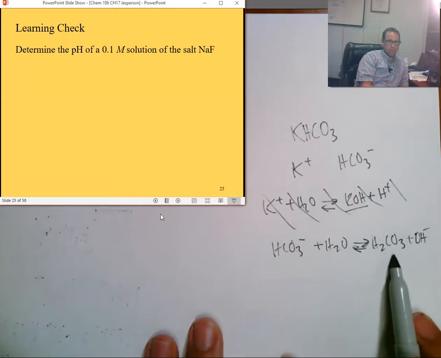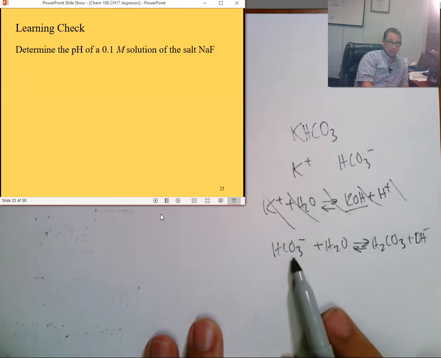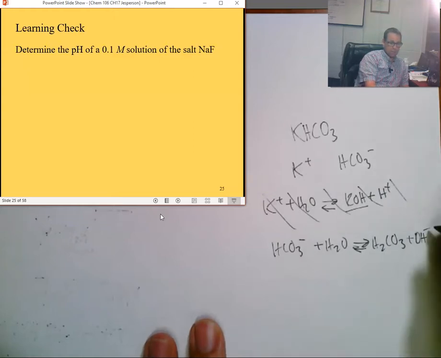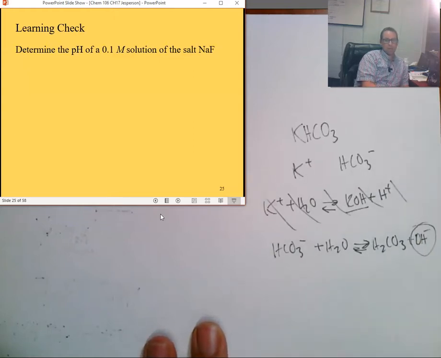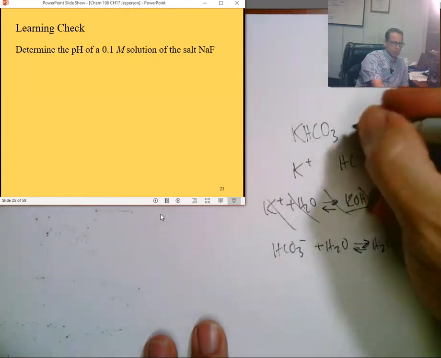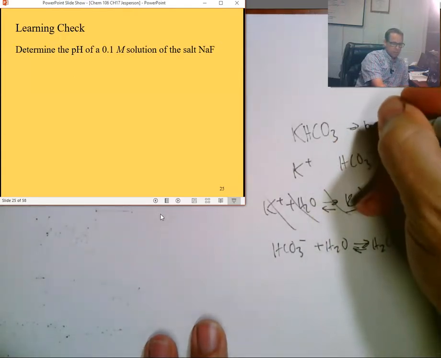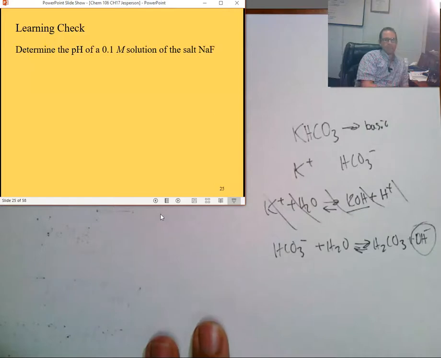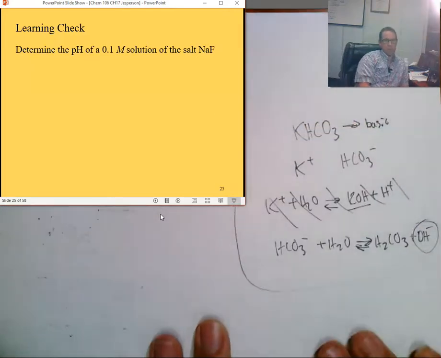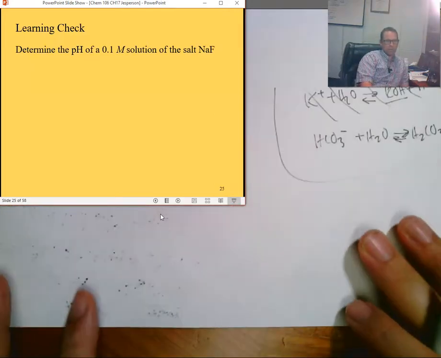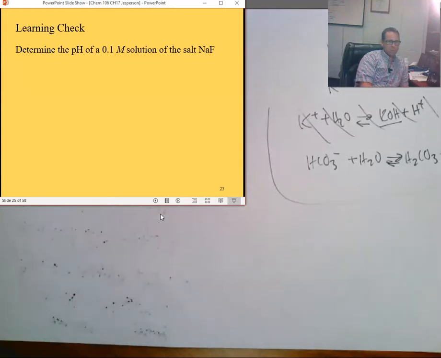Yeah, that's a weak acid. That means that that is a fairly strong base. And so this is going to occur, and you're going to get some hydroxide ion. Putting this into solution will make it basic. Okay? So we've got to have some practice to get used to answering those types of questions.